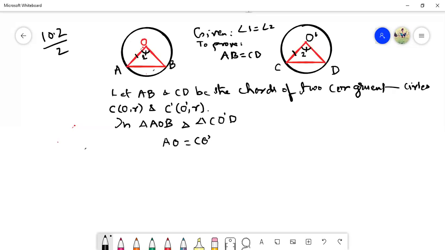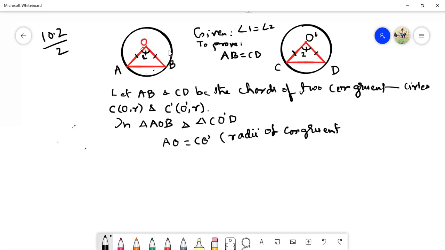So AO is equal to CO dash. Then another side BO is also equal to DO dash. So this is because the radii of congruent circles.